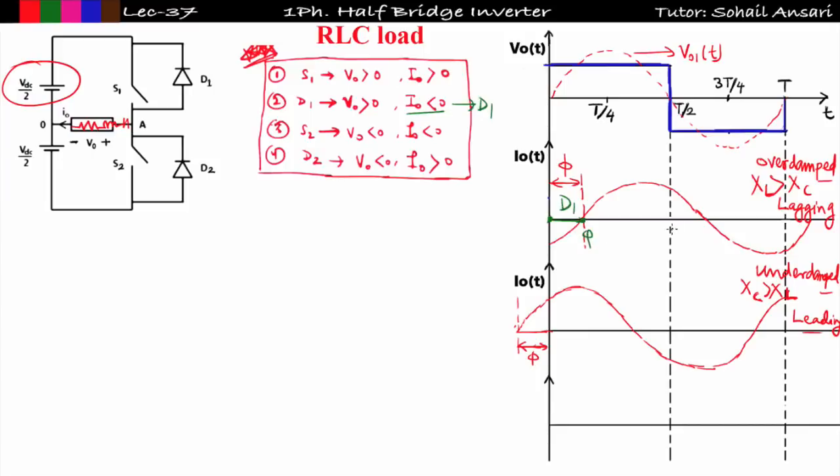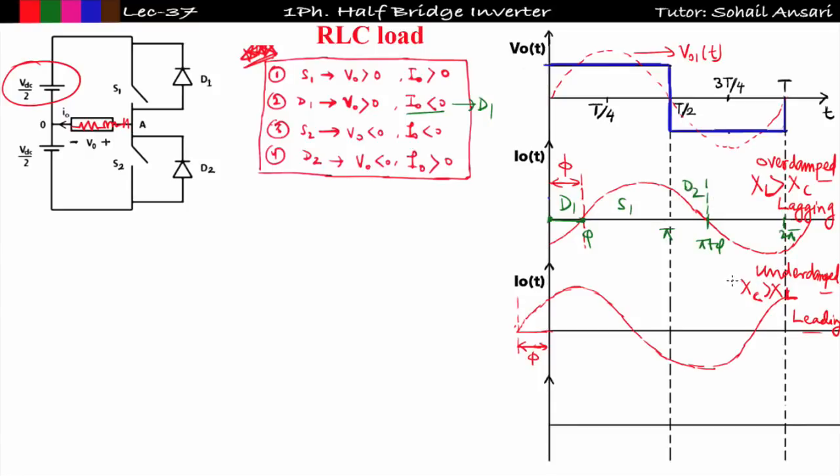Similarly, from phi to pi, this will be my 2 pi, the overall time period. From phi to pi, V naught is greater than 0, I naught is greater than 0, which means switch S1 will conduct. Similarly, from pi to pi plus phi, V naught is less than 0, I naught is greater than 0, which means in that case D2 will conduct. So this will be my conduction angle of D2.